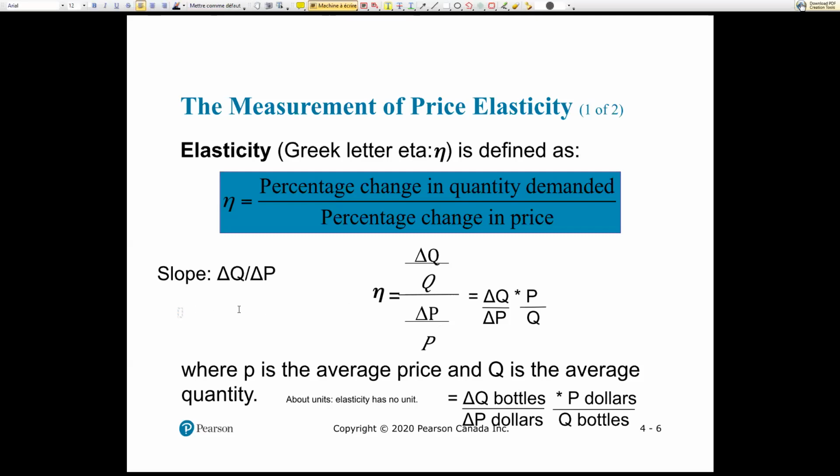So for instance, if Q is 100 and delta Q is 2, and P is 100, for instance, and delta P is 1, then delta Q over Q would be 2 divided by 100, so 2%, divided by delta P over P, which would be here 1%.